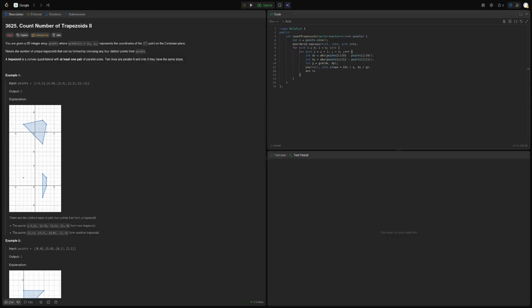Can there be a log of them? No. So ans plus equals. But we have to avoid points which are collinear. Okay, I will check that later.